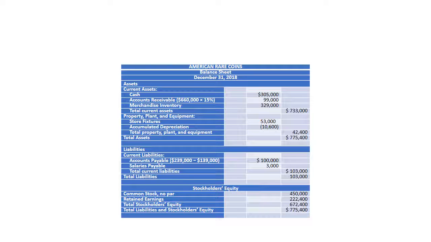So we've already dealt with the income and expense items on the income statement. So now I'm going to focus on the accounts that appear on our balance sheet. The cash T account, I'm going to add those 2 debits and subtract my credits. So $450 debit plus $561 gives me $1,011.